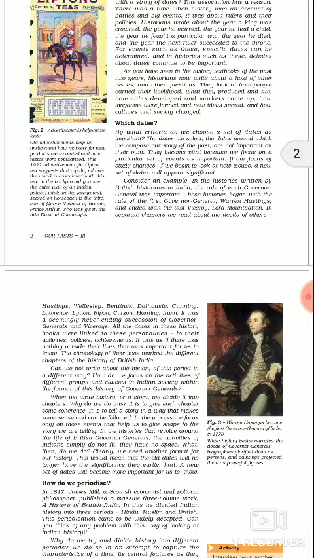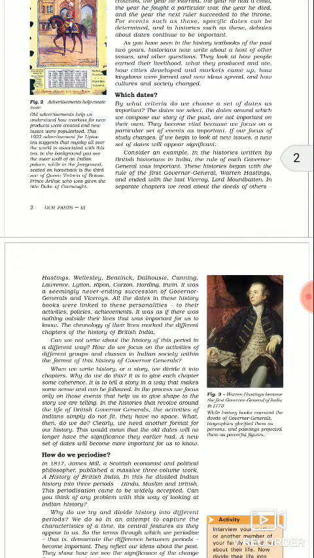Consider an example: in the histories written by British historians in India, the rule of each governor. These histories begin with the rule of the first governor general, Warren Hastings, and end with the last viceroy, Lord Mountbatten.